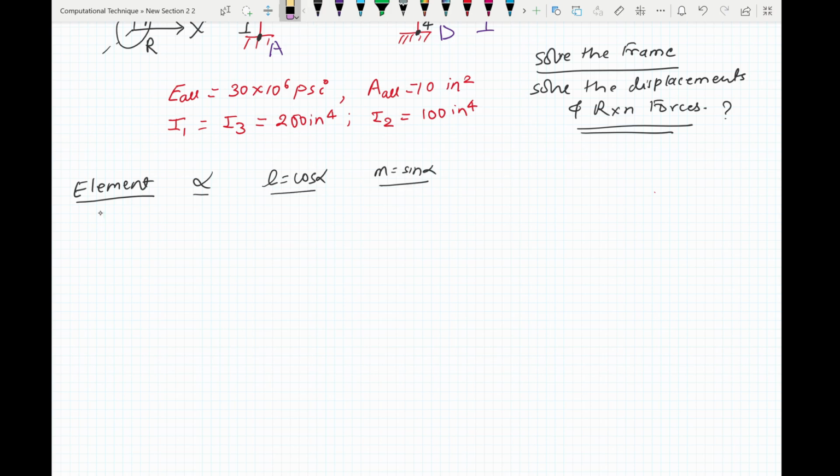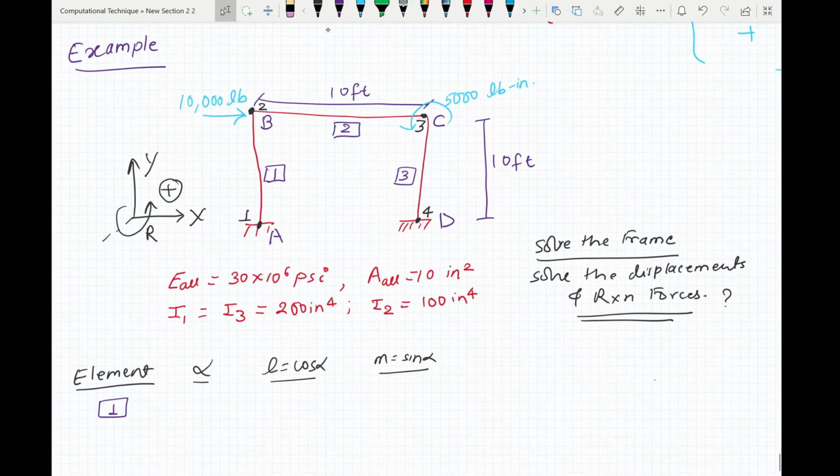So for element number 1, if you look at element number 1, you'll see that your alpha, which is this angle, is 90 degrees. For element number 2, angle is 0 degrees, and for element number 3, you have to look from here to here.